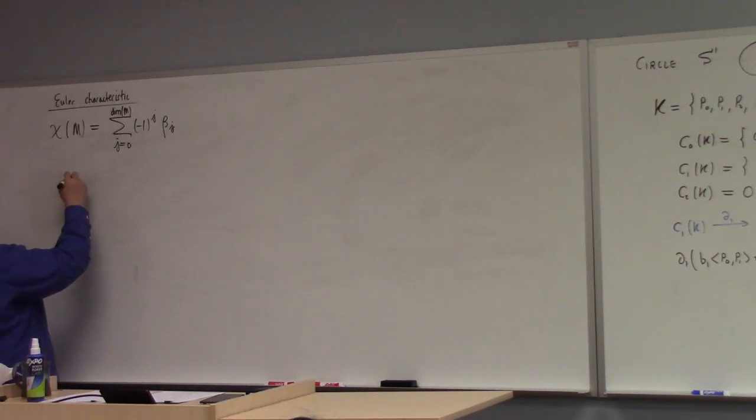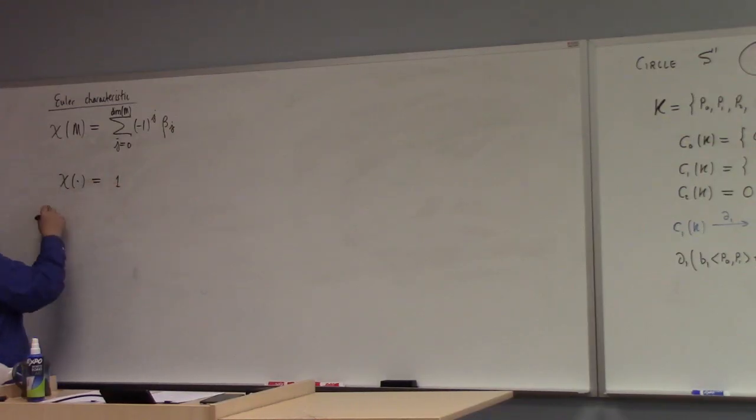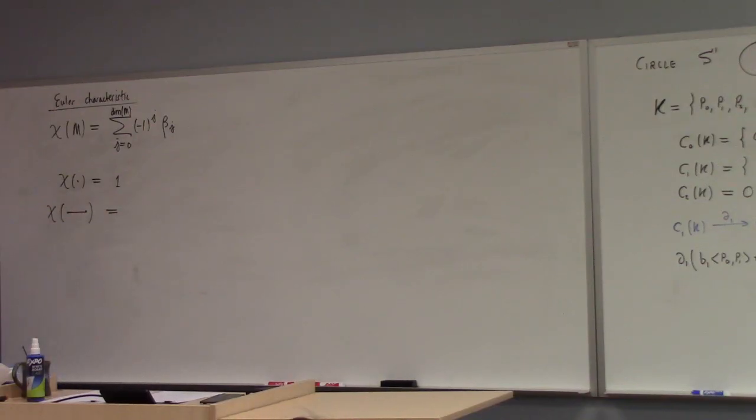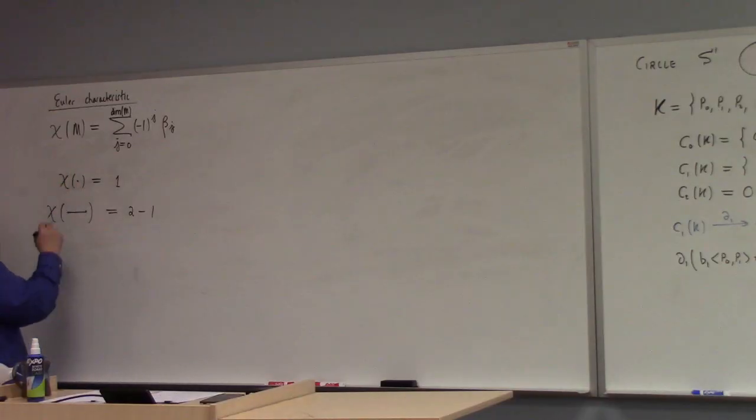He has some simple examples, like the Euler characteristic of a point is 1. The Euler characteristic of a line segment is 2 minus 1. Oh, I'm sorry, this right here is not from that. This is from something else. I'll explain what's going on here in just a second.